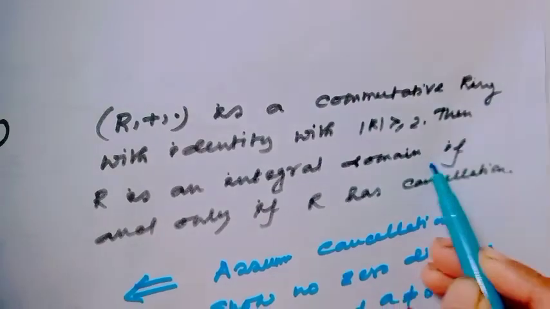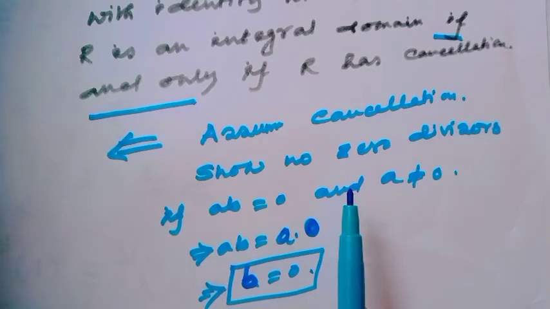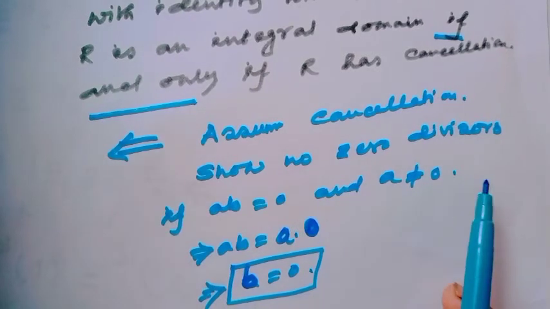Since this is an if and only if condition, for proving it we have to prove both directions. At first, assume the cancellation law holds, and we have to prove there exist no zero divisors.